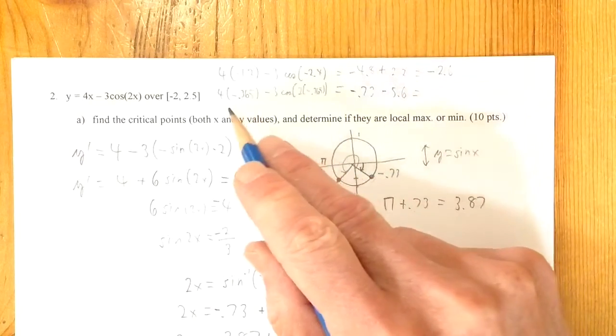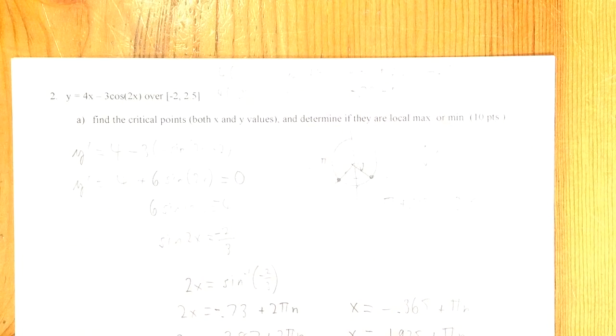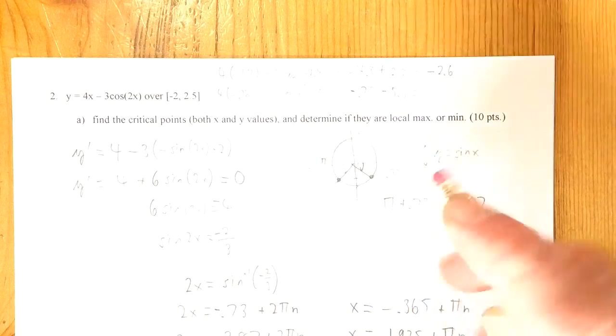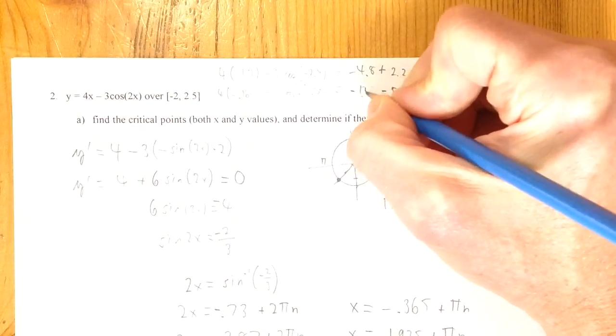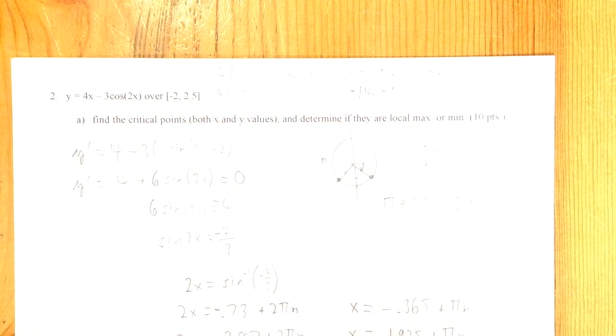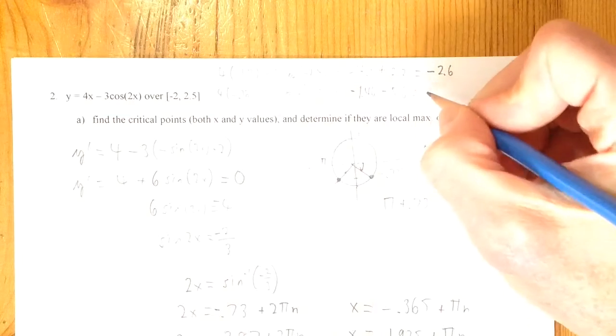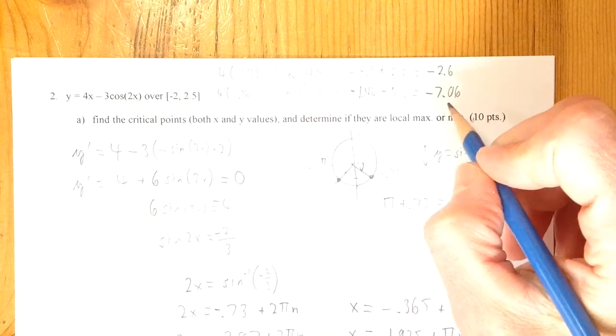Wait a minute, what's going on here? 4 times negative 0.365, how did I get 0.73? Let me try that again. 0.365 times 4 is 1.46. You got to be really careful with these. So negative 1.46 minus 5.6 is negative 7.06. Ooh, that's pretty big. That's a pretty big y value there.